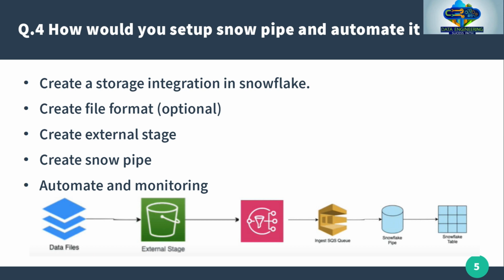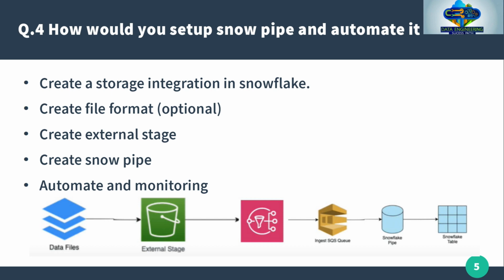We can configure the S3 bucket to send event notifications for new files to an SQS queue that Snowpipe listens to. This setup triggers Snowpipe to load data as soon as it arrives in S3.